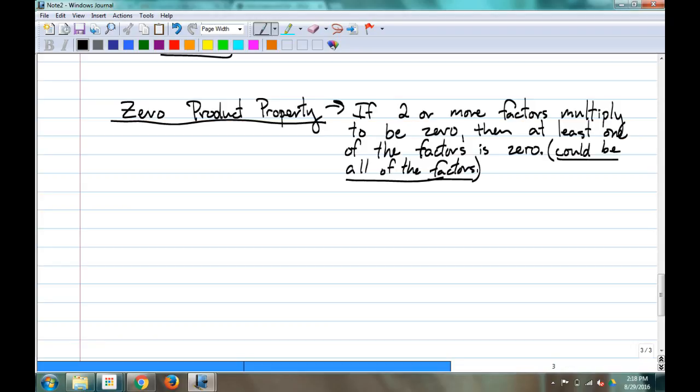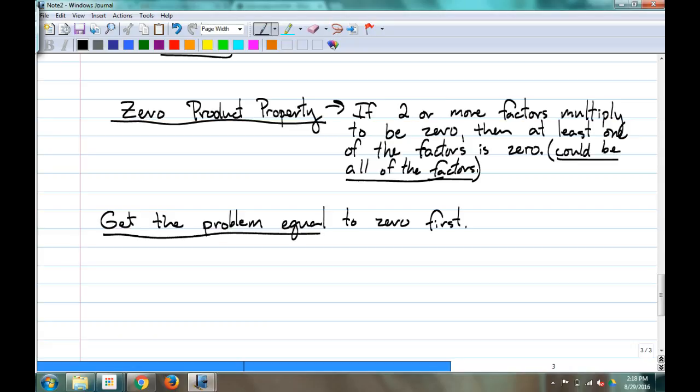Okay, so to solve a quadratic by factoring, you want to get the problem equal to 0 first. Factor.